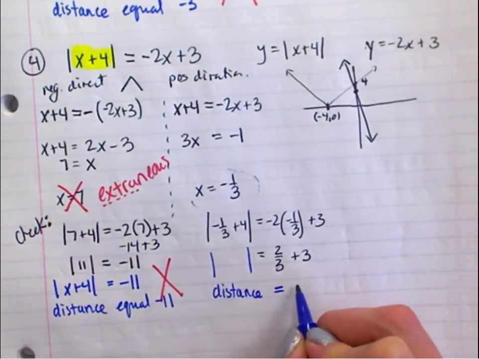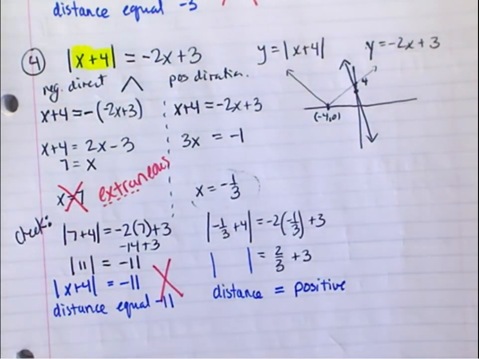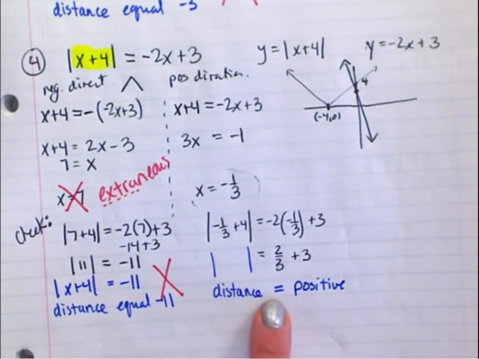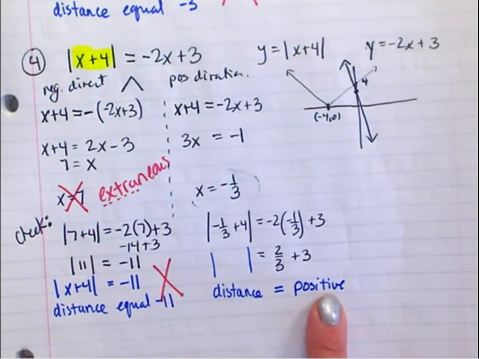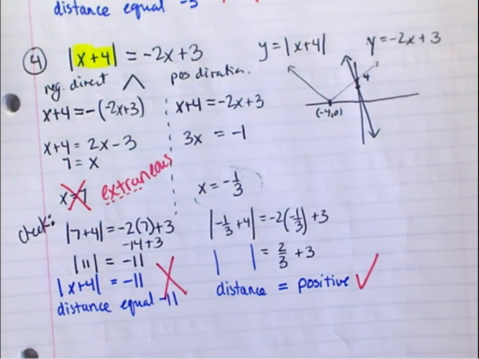Distance equals positive, because I don't really feel like adding 2/3 and 3. But I do know that 2/3 plus 3 is positive. Does that sentence work? Can distance equal a positive number? Yes. Do you see how I'm not really plugging and chugging? I'm really testing the general reasonableness of my answer, not the actual arithmetic.